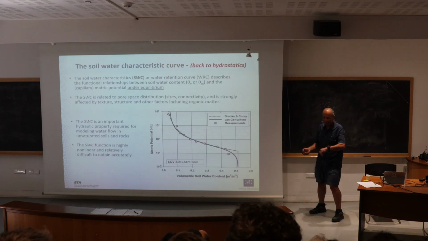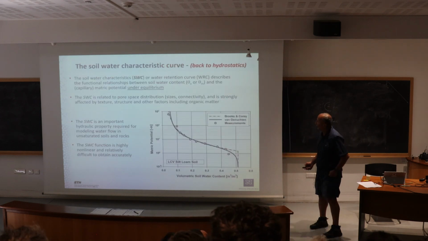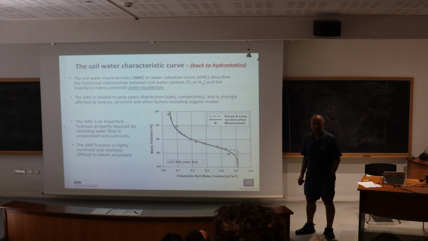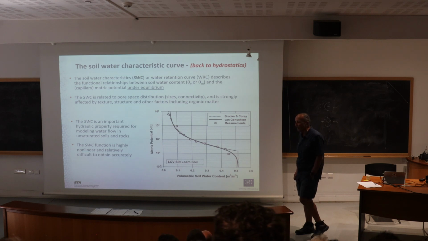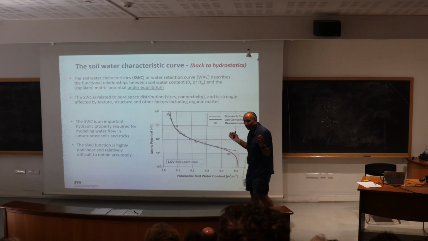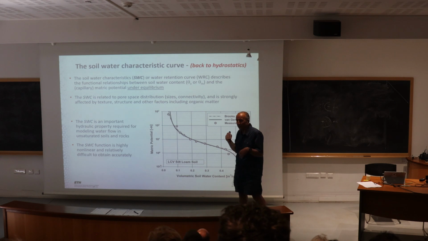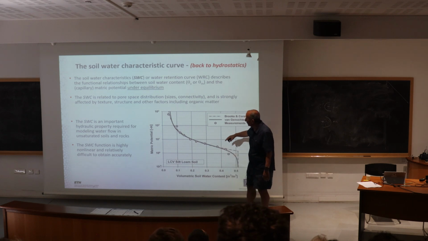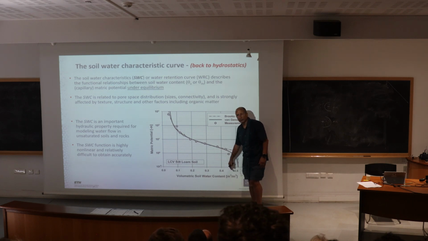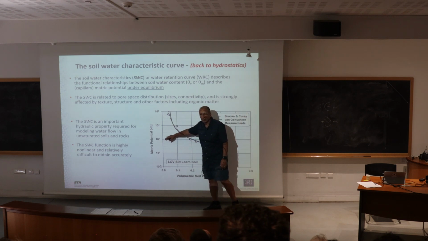So I'd like to spend the few minutes left talking about a very important function in unsaturated soil, and that's the soil water characteristic curve. It is a nonlinear function that characterizes different soils. It brings together all the stuff I mentioned about surface area, pore sizes, capillarity, and so on, into a function that relates the amount of water held in the soil versus the matric potential that is associated with that water.